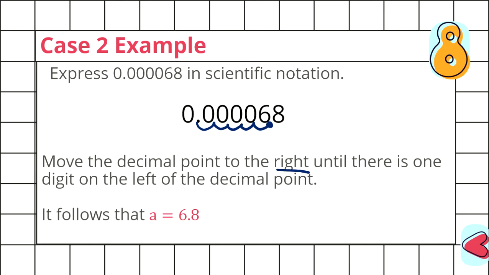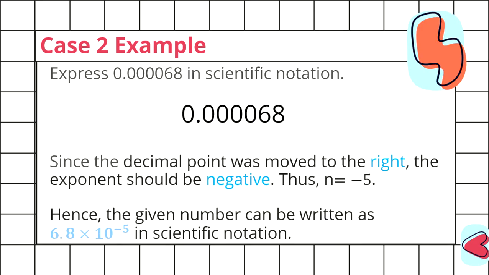Remember how many times we moved, because that would be our exponent. Since the decimal point was moved to the right, the exponent should be negative. Thus our exponent n is negative 5, the number of times we moved the decimal point earlier. Hence, the given number can be written as 6.8 times 10 raised to negative 5 in scientific notation. So this is how we write it.